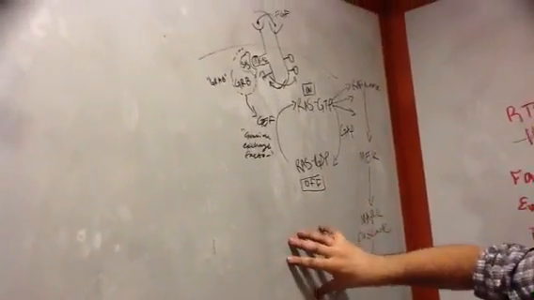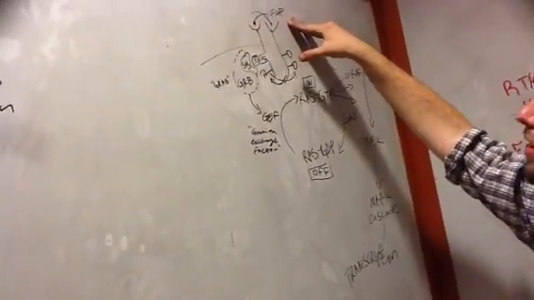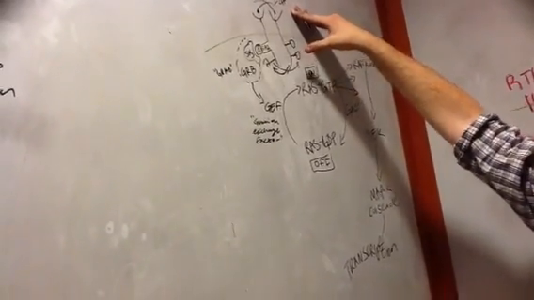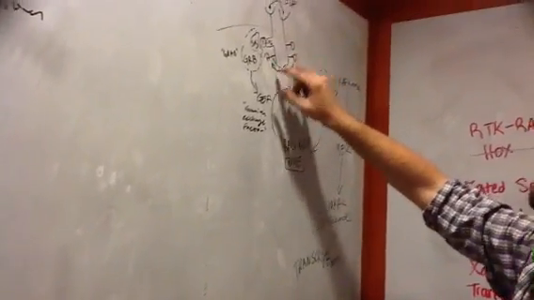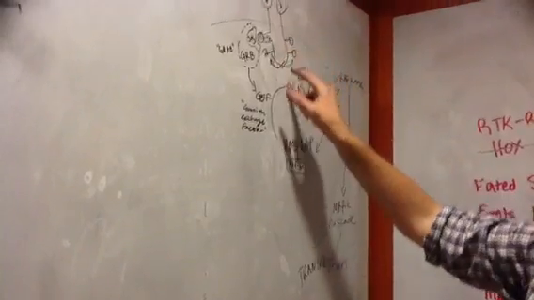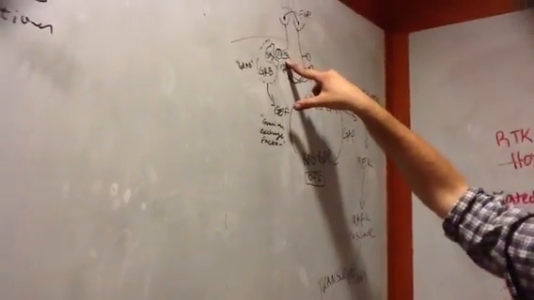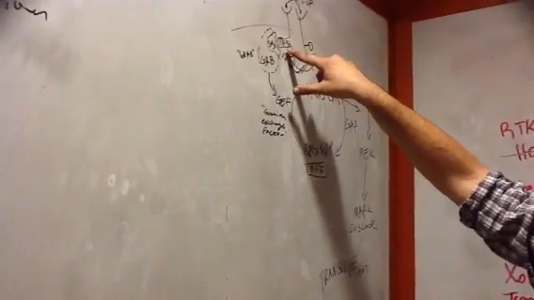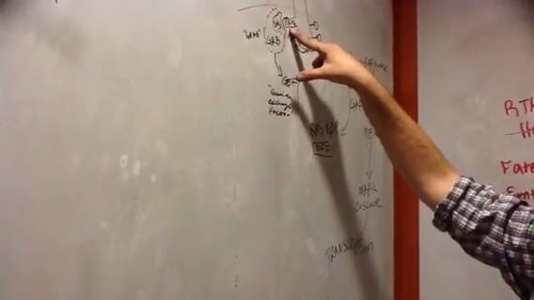This is RTK-RAS, and we have FGF, which is our signal. It binds to RTK, the receptor tyrosine kinase, and once the FGF binds, it causes cross-phosphorylation on the SH2 domain, and that causes the SH3 domain of GRB to localize to the SH2 domain and get phosphorylated.